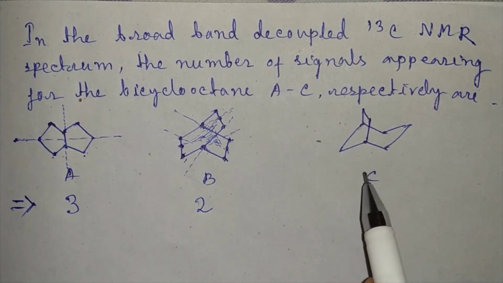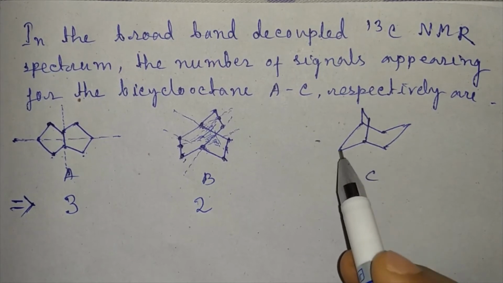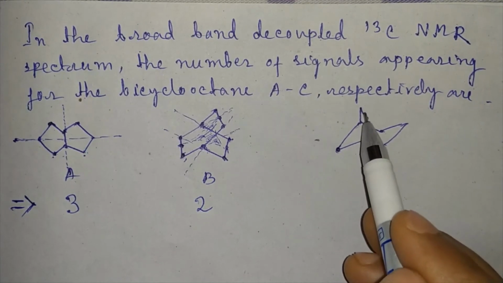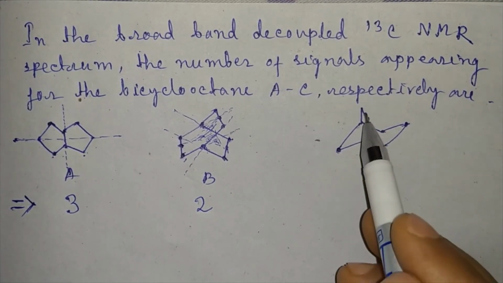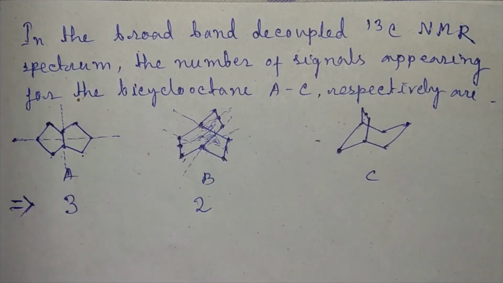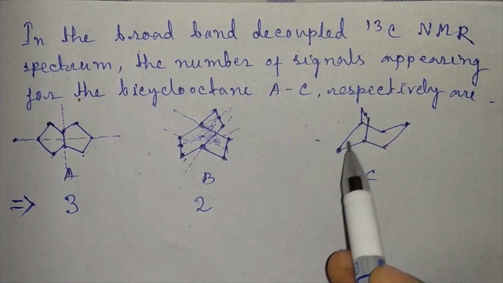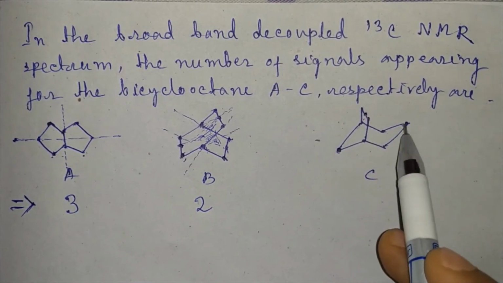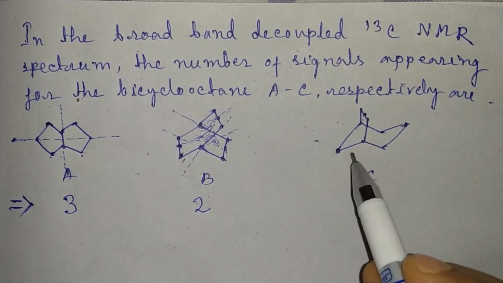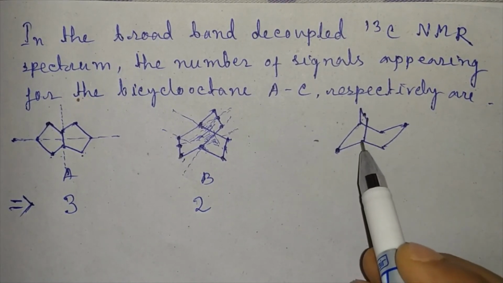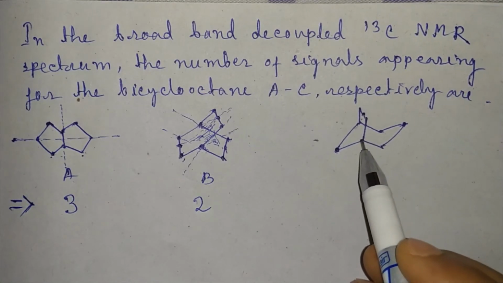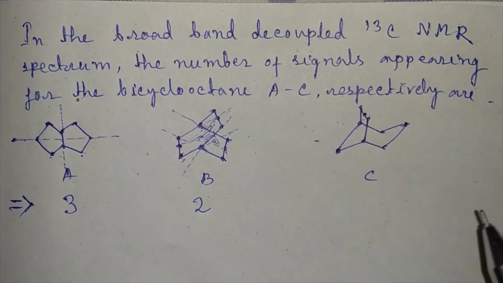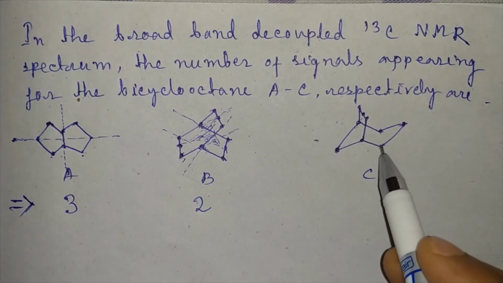Whereas in this molecule, we can pass a plane containing these 3 points. The plane will divide the molecule into two equal halves. So this carbon and this carbon will be similar, as well as this carbon and this carbon, as well as this carbon and this carbon.